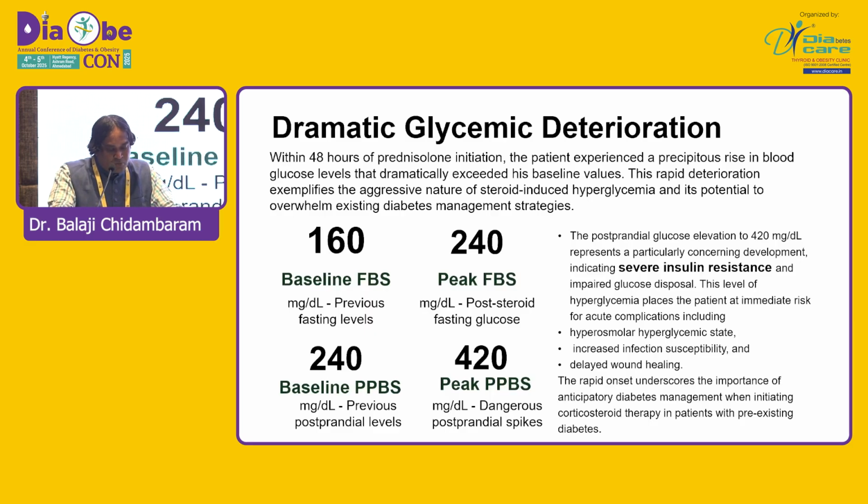This postprandial elevation is particularly worrying, indicating severe insulin resistance and impaired glucose disposal. It places the patient at immediate risk for acute complications and delayed wound healing. This rapid onset underscores the importance of anticipatory diabetes management when you start a steroid.